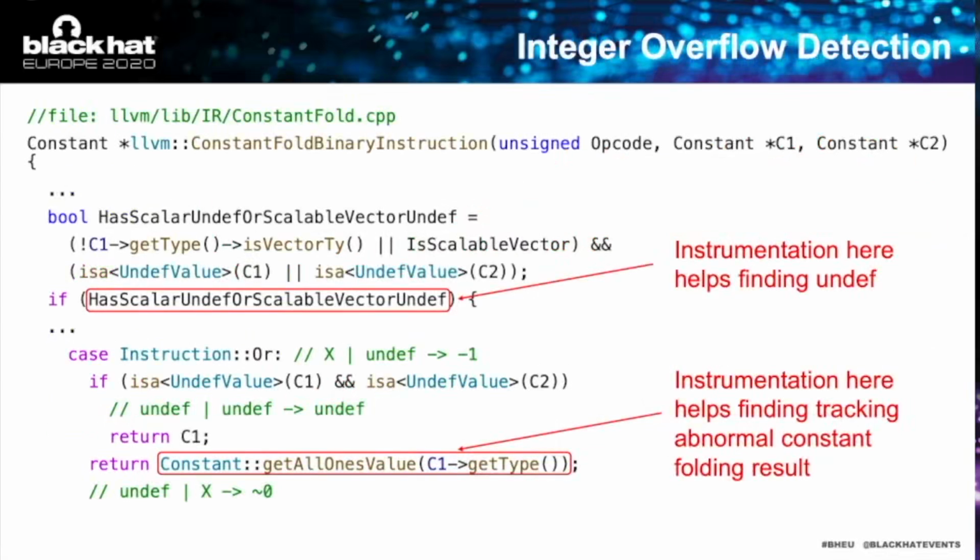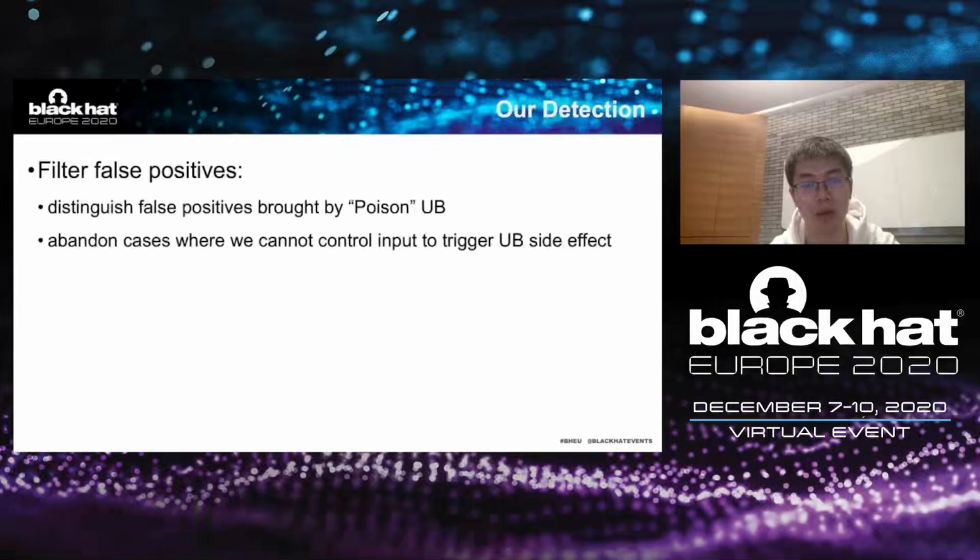We can use a similar method to find LLVM's handling code. Instrumentations here help us find undefined behavior folded in binary instructions. After sharing our detection method, you may wonder about the false positive rate of the log.